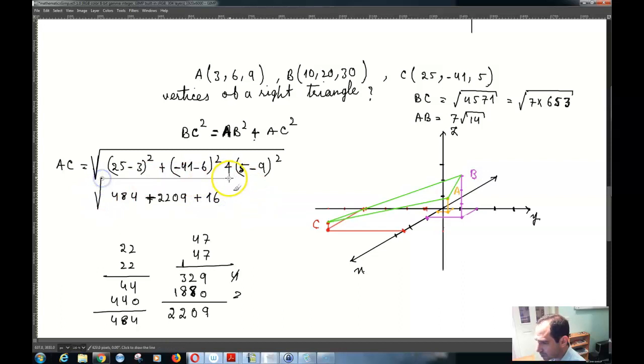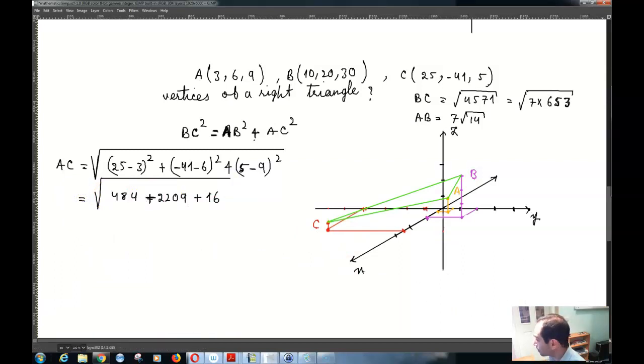So that is basically that. And then you have 2209, 484 and 16, which if you add them together you'll get 2709. That's the square root of 2709.